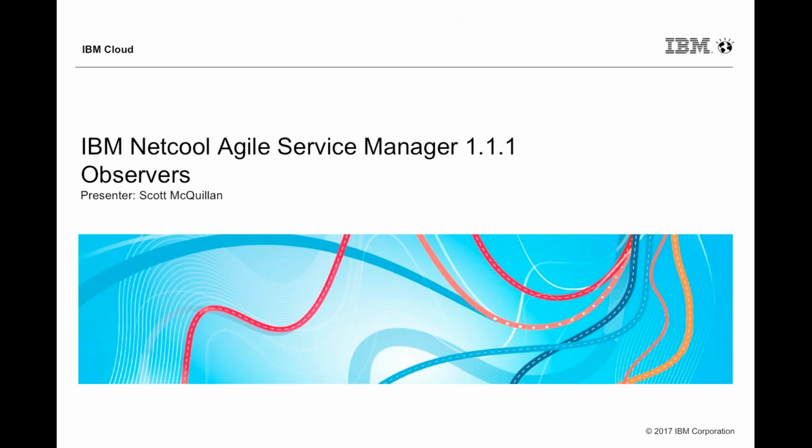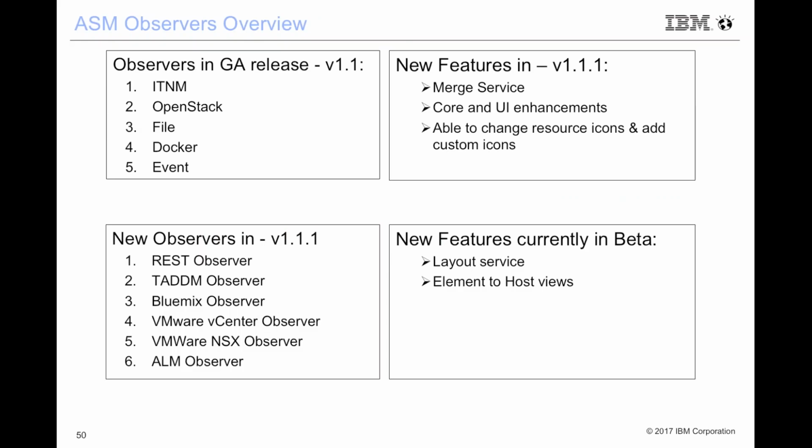Scott, go ahead. Okay. Yeah, so I've just listed what observers we have on this one. So in the GA release, we had ITNM, OpenStack, a file observer, which effectively can just read a custom file that as long as you create the lines in the file to the correct syntax, you can load in any custom topology.